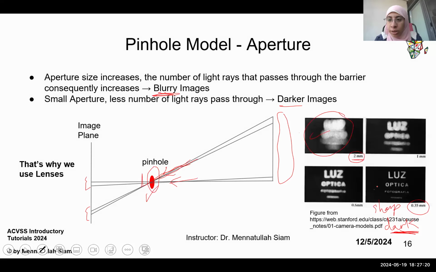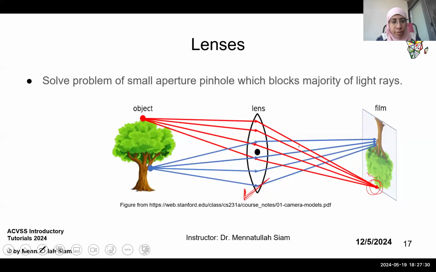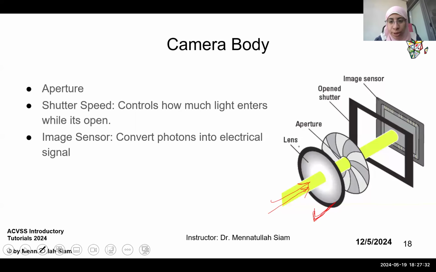This is sharp and dark. This is light but blurry. With the lens, you avoid this issue. It's an in-between. But thank you, Grace. So again, this is more to converge light rays and get a sharper image.